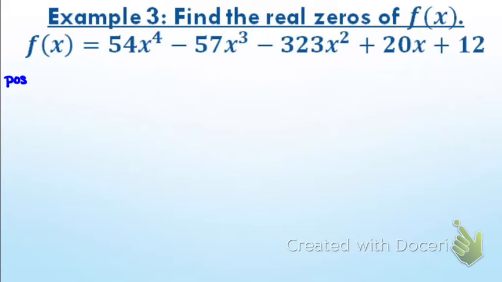Possible number of positive real zeros. 2. I have a sign change here. I have another sign change here. So there is possibly 2 positive real zeros, or there could be none.